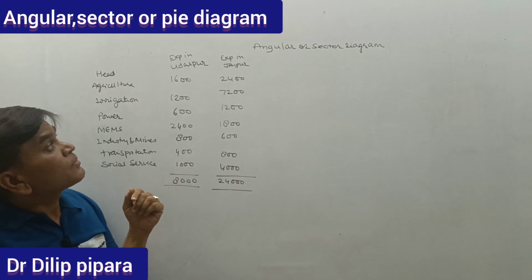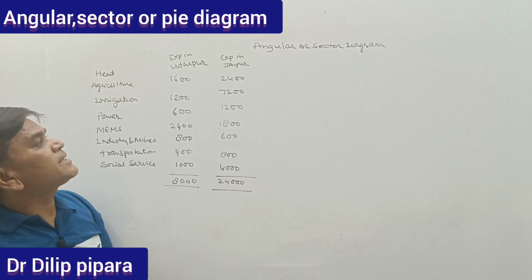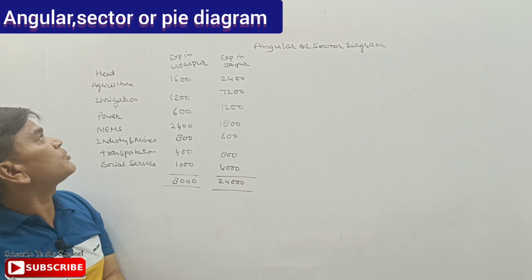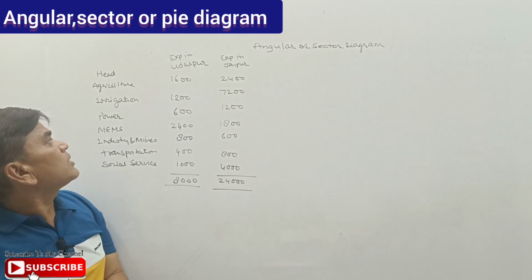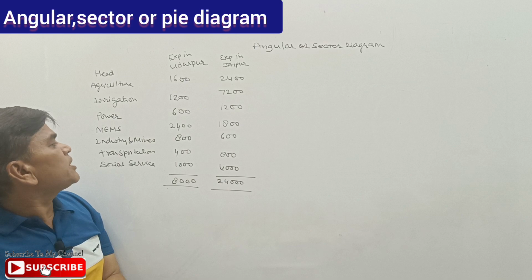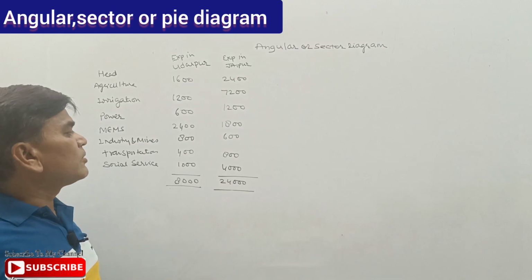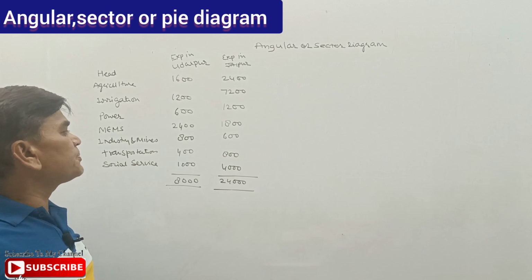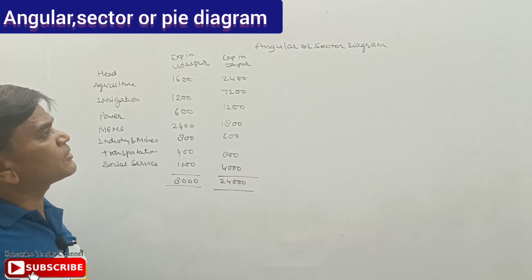Expenditure in Jaipur on agriculture is 2400 crore rupees, irrigation 200, power 1200, MSME 1800, industry and mines 600, transportation 800, which is double of Udaipur's, and social services 4000 crore rupees.